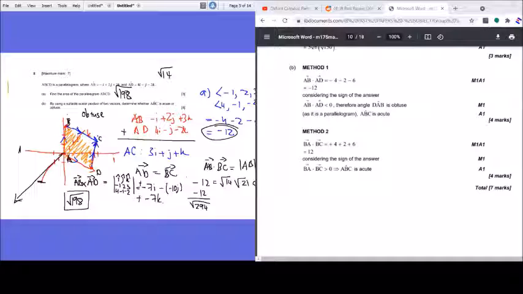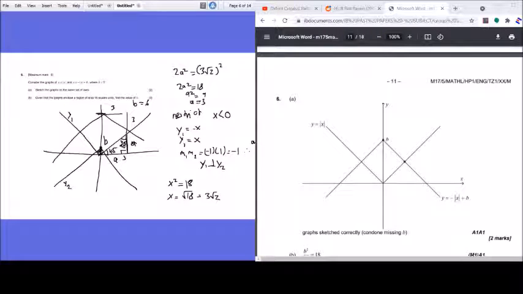I said it was obtuse, and obtuse is wrong. DAB is obtuse, and ABC is acute, because I was supposed to take BA and BC, not AB and AD. So I basically did the wrong thing. I got 2 points for that, so that's 3 in total out of 7.